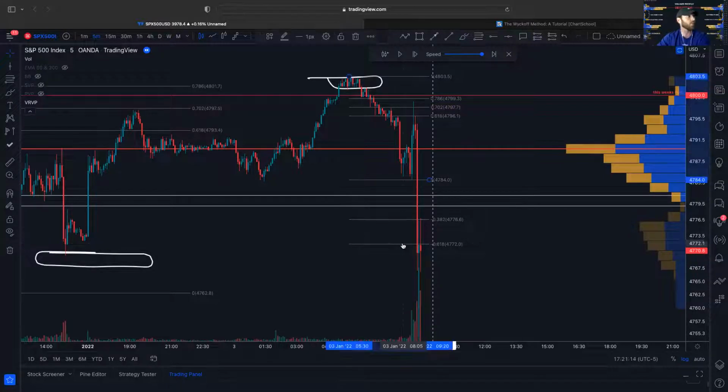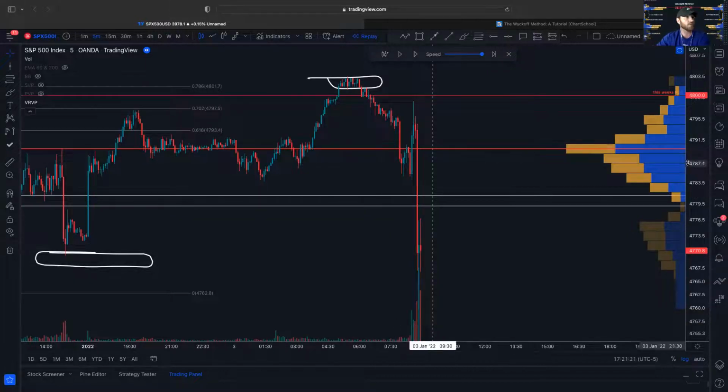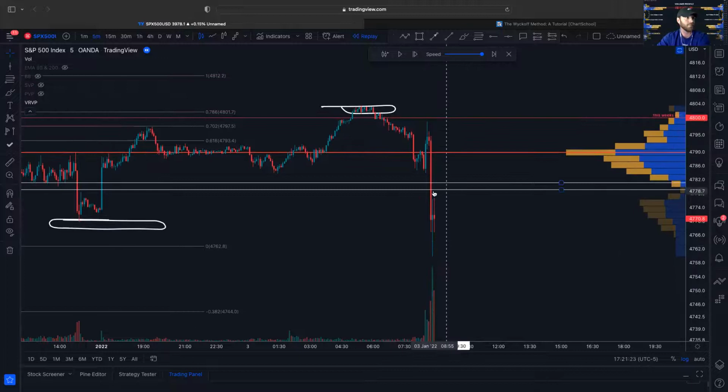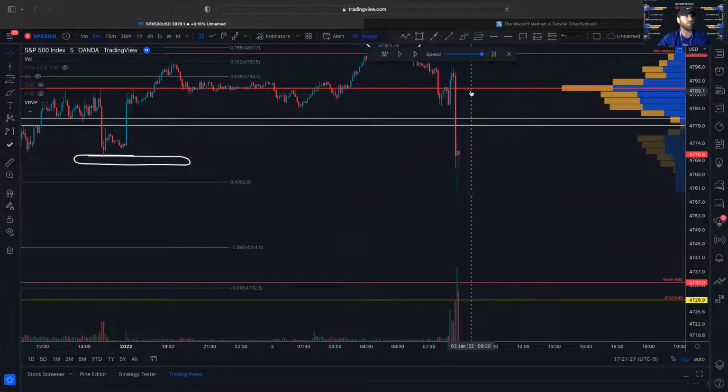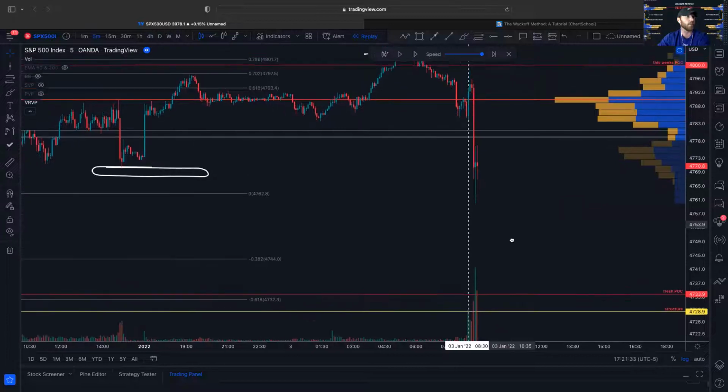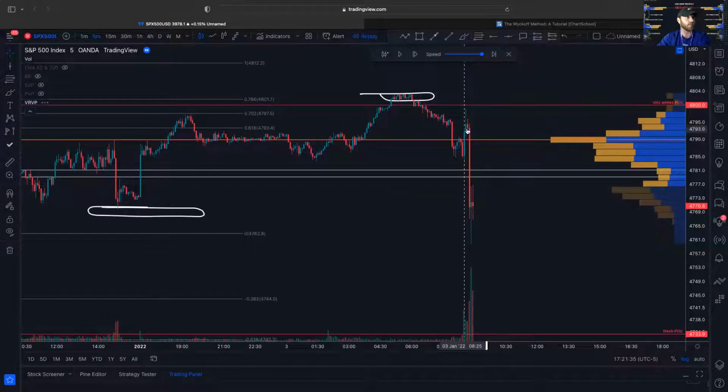So remember when we spoke about right here, when this area gets broken, we're expecting a crash. Basically, this area got broke and it slammed down. And it's right before the, oh, wow, I had that a little bit wrong. So that's the funny thing. That is the time that we were looking for everything to happen.